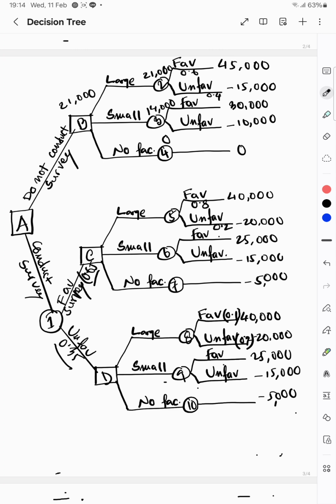So you see for the second one, 40,000 and minus 20,000, this will give us 28,000 because the probability is 0.8 and 0.2 here, not the same.